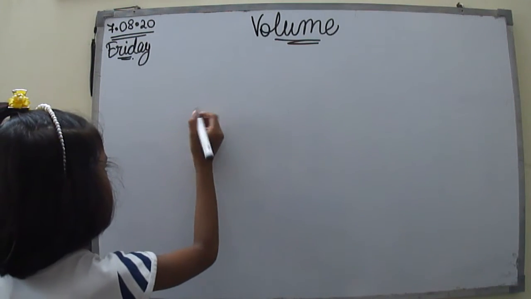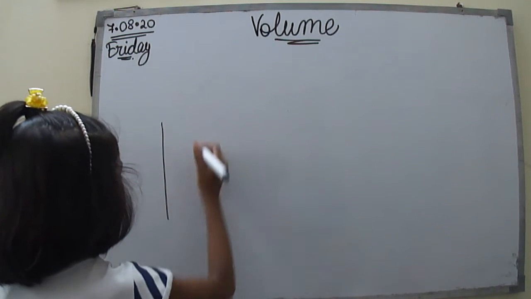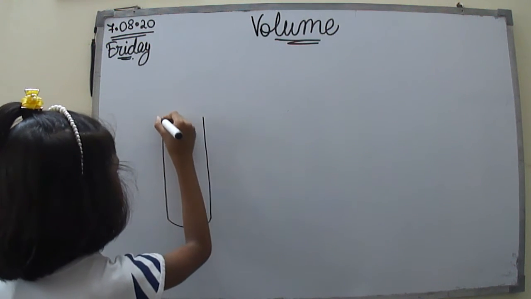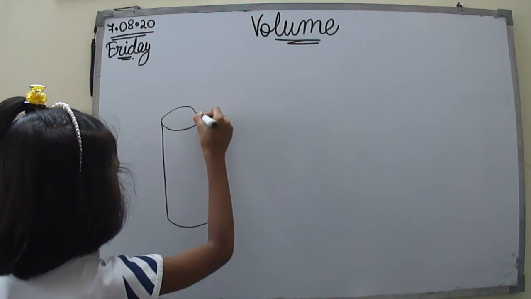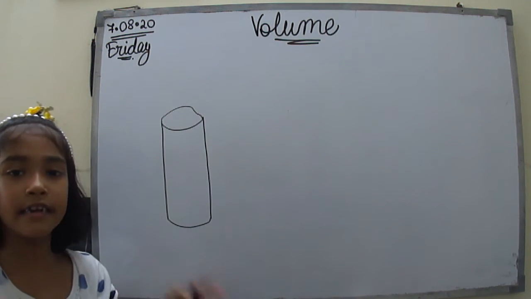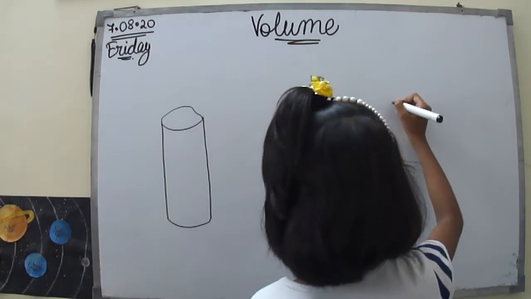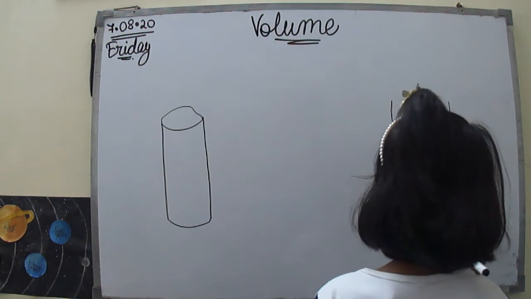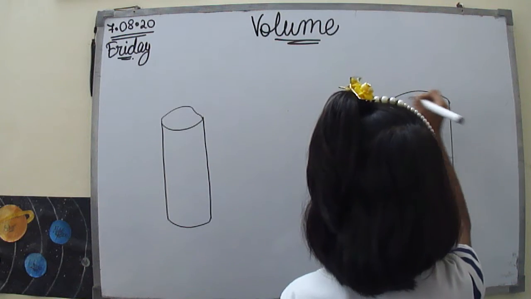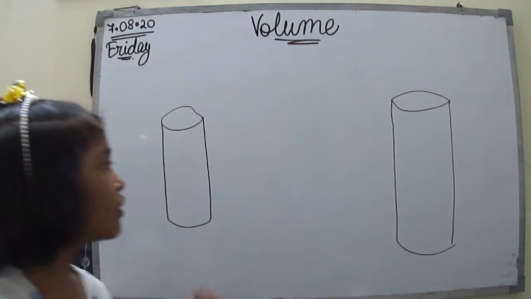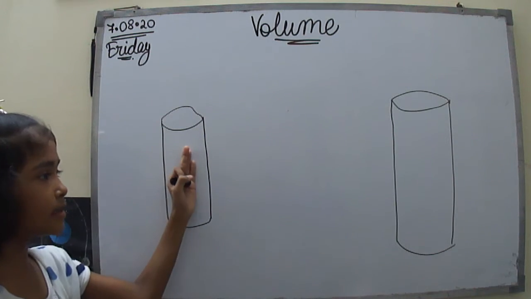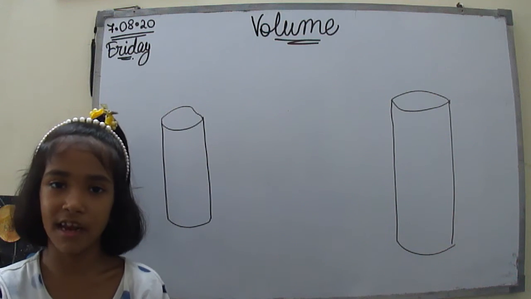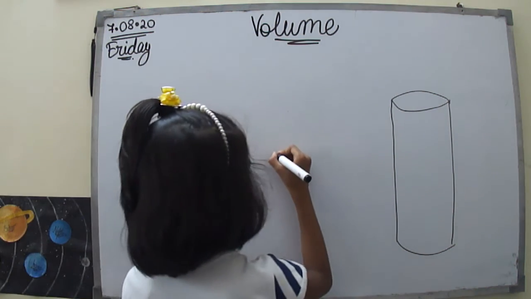The first container is like this, and another container is like this. Now, for comparing the capacity of this and this, we use a small cup of 250 ml, and you can say so on.